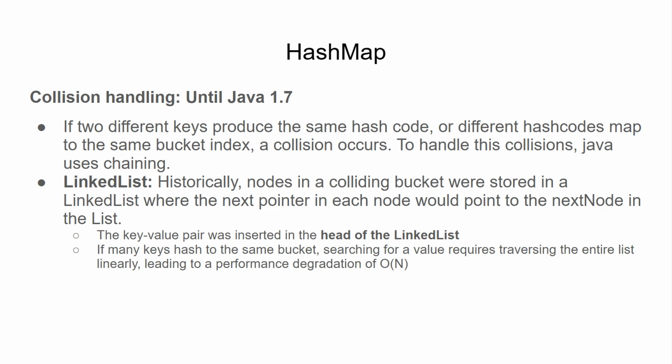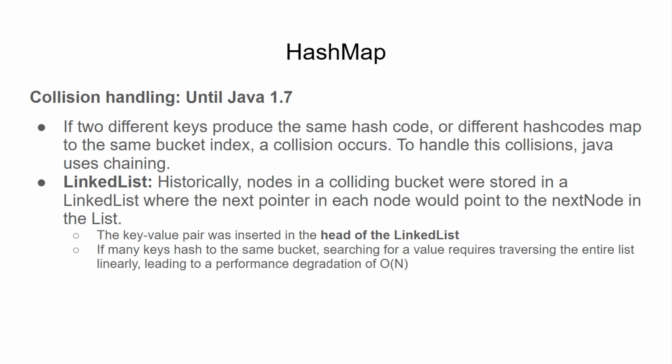And to handle these collisions, Java uses chaining, using a linked list, where nodes in a colliding bucket were stored in a linked list where the next pointer in each node will point to the next node in the list, and the key value pair nodes, of course, were inserted before Java 8 in the head of the linked list.